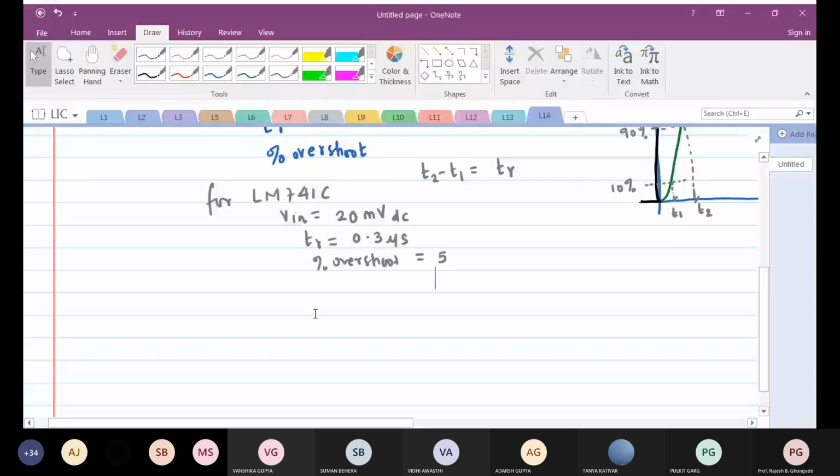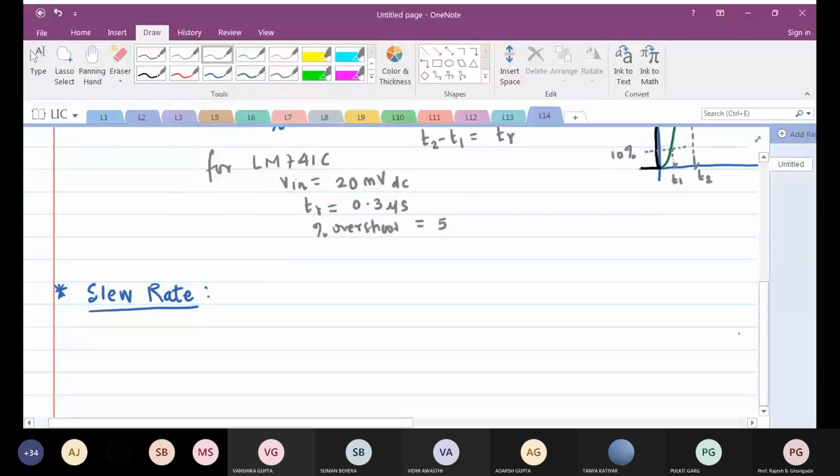All right. The next parameter is again a very, very important thing, which is called the slew rate. I have already defined slew rate, so we need not elaborate that. But just remember, what is a slew rate equation?